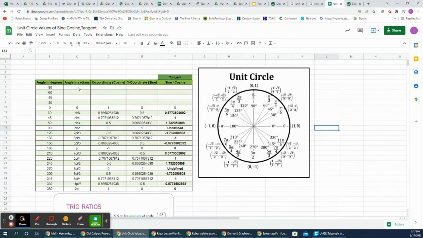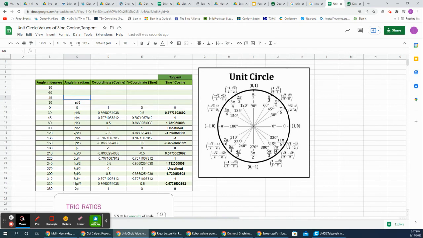And then if you're wondering, what is this in radians? It's just these, but in negative values. So it's going to be negative pi over 6 for, not this one, let me cut that. It's going to be here for negative 30. That's negative pi over 6. 45 degrees is pi over 4.